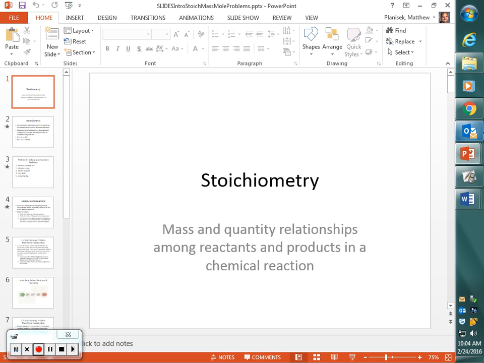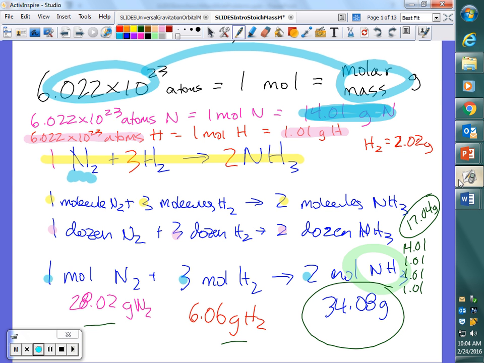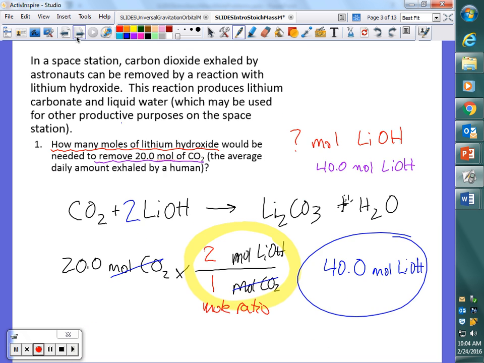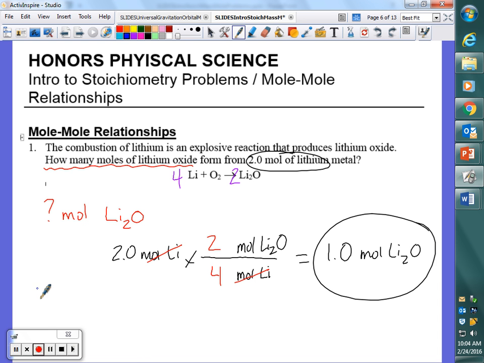We spent a good part of the day on Monday talking about these relationships between moles and the coefficients of a balanced equation, and how that gives us the ratio of reactants to products that we need to make the reaction happen, how we can use the molar mass to make sure that we have the right amounts, etc.